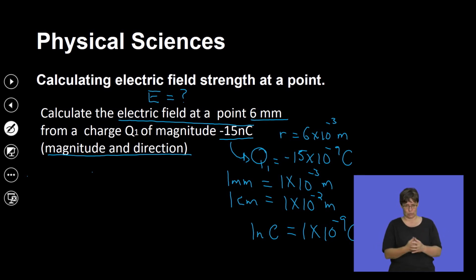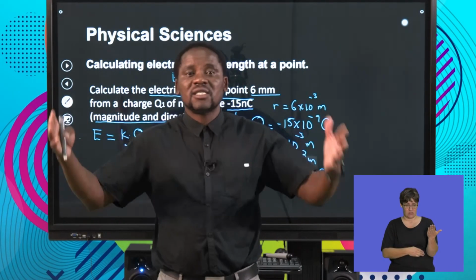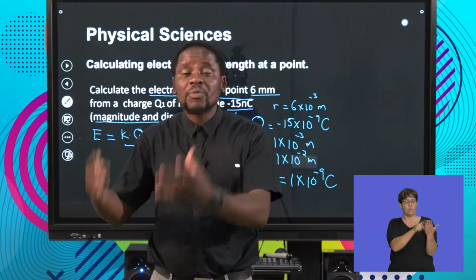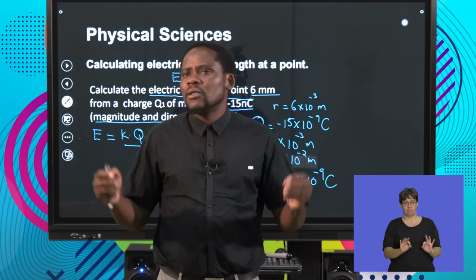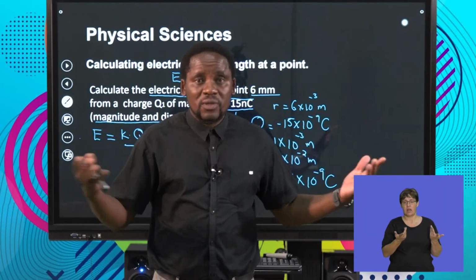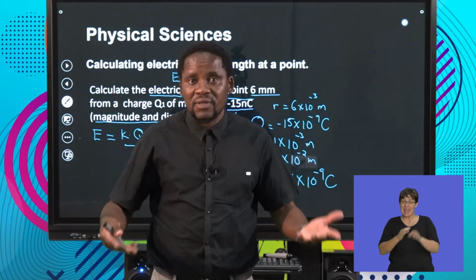And then the formula says E is equal to K Q over R squared. Now, this formula is provided in the formula sheet. So the data sheet is something that you need to familiarize yourself with. Be able to copy the formula as it is given, and do the necessary substitutions, after doing the necessary conversion, if there's a need for that, okay?